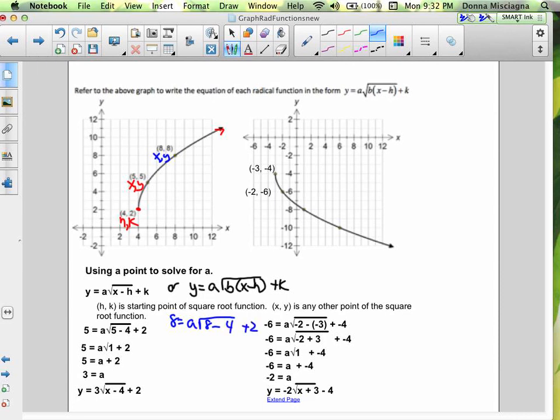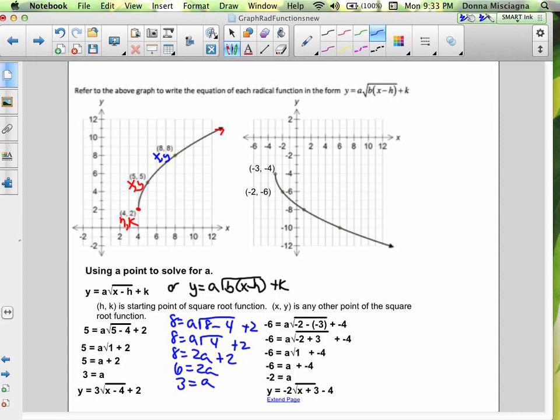So we have 8 equals a times the square root of 4 plus 2. Take the square root of 4, it's going to be 2. 8 equals 2a plus 2. Subtract 2 from both sides. 6 equals 2a, and then divide by 2. 3 is equal to a. And you get the exact same a value. And then we would just plug in the a, the h, and the k. And that's all there is to it.